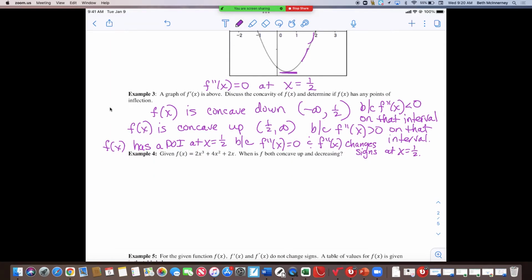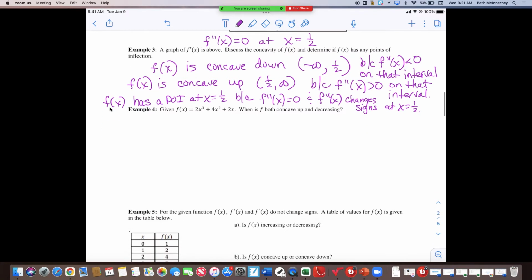All right, so let's go old school. In example 4, what if I have a function equation? So if I'm given f of x equals 2x cubed plus 4x squared plus 2x, when is f both concave up and decreasing? So on this one, I'm going to go ahead and guide you through it. I'm going to use the first derivative. That's 6x squared plus 8x plus 2.